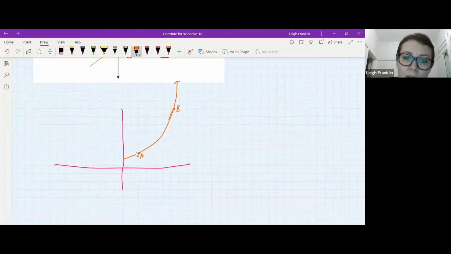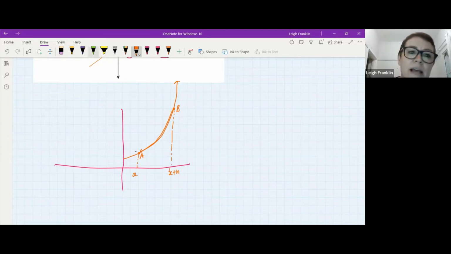B is moving back down towards A. That means that the distance between B and A is getting smaller. So in other words, here at A, x is what went in, and over here at B, I'm now at x plus h because I've moved h units to the right-hand side.